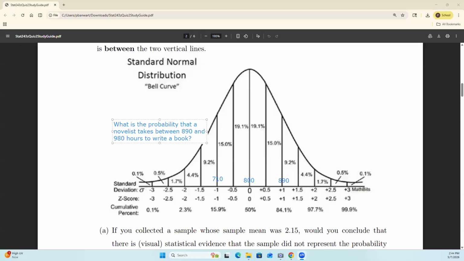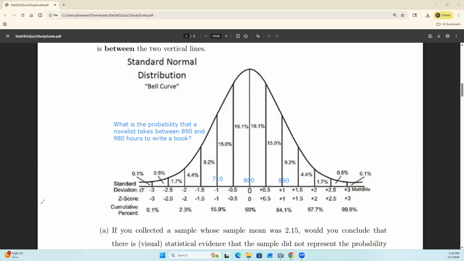Feel free. All right, so the probability that a novelist takes between 890 and 980 hours to write a book. This is a question about probability. So in terms of a picture, it's a question about what? Area, right?